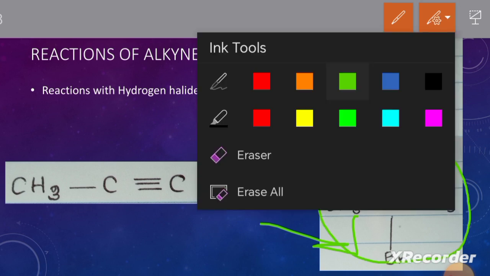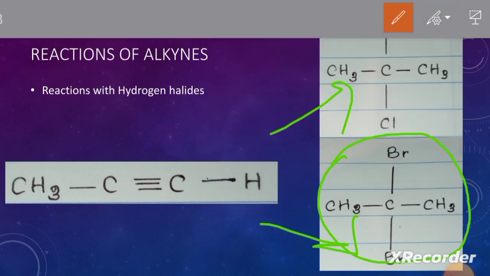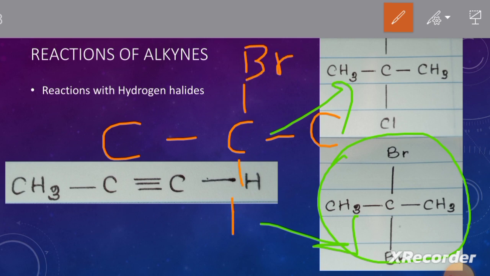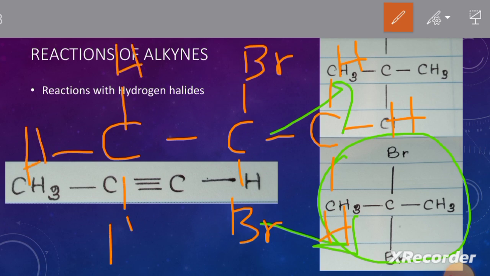If I expand this one, it will be like this: C, C and C, with two bromine and hydrogen on the middle carbon like this.